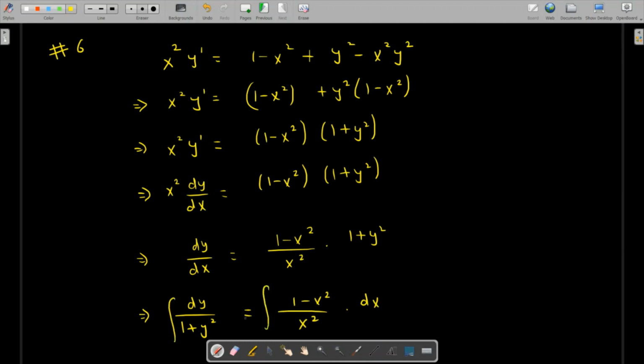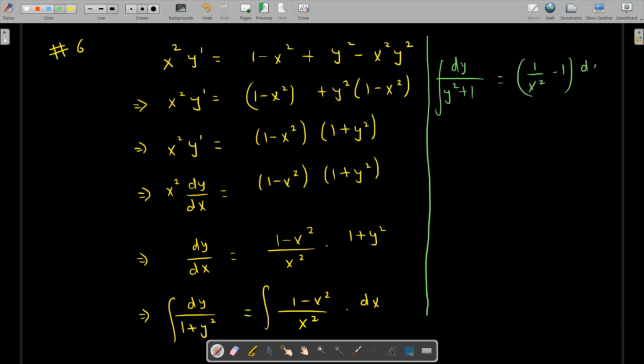Since everything is now separated, we are going to integrate this. So integration of dy over y square plus 1 remains as it is, and this can be written as, if we separate the denominators, it can look like this. And now this can be easily integrated. This integration is nothing but tan inverse x, or arc tan x.